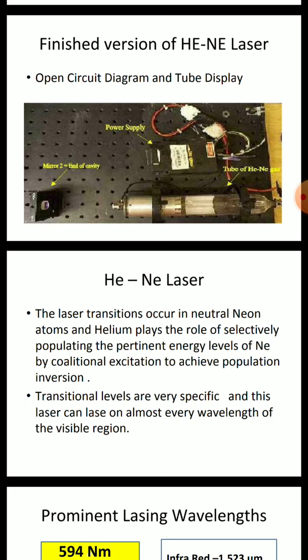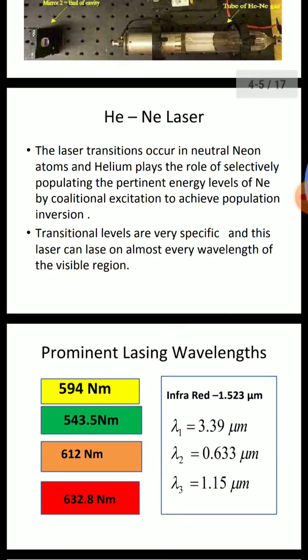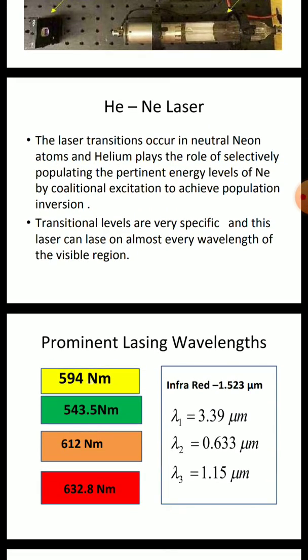The transition levels are very specific, and this laser can lase on almost every wavelength of the visible region. Here you can see some prominent lasing wavelengths: yellow is 594 nanometers, green is 543.5 nanometers, orange is 612 nanometers, and red is 632.8 nanometers.